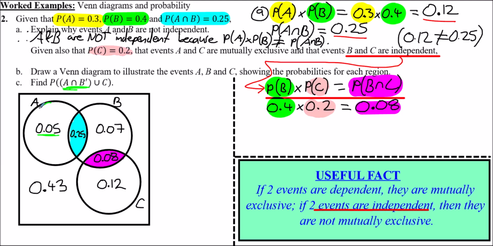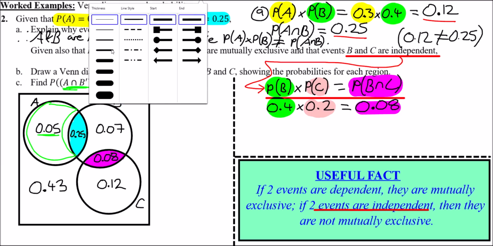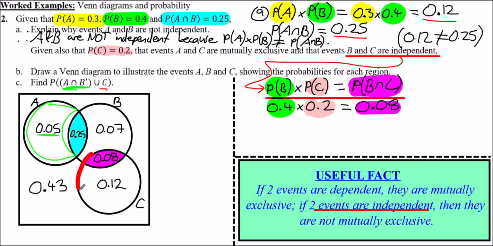It's this region, just this bit of A. I'm going to unify that. I'm going to join it together with region C. Now region C is all of this region in the circle C, and obviously that totals 0.2, which the question told us.